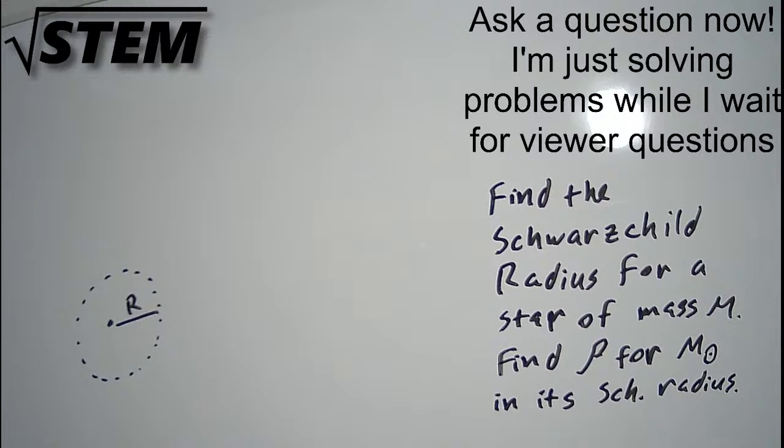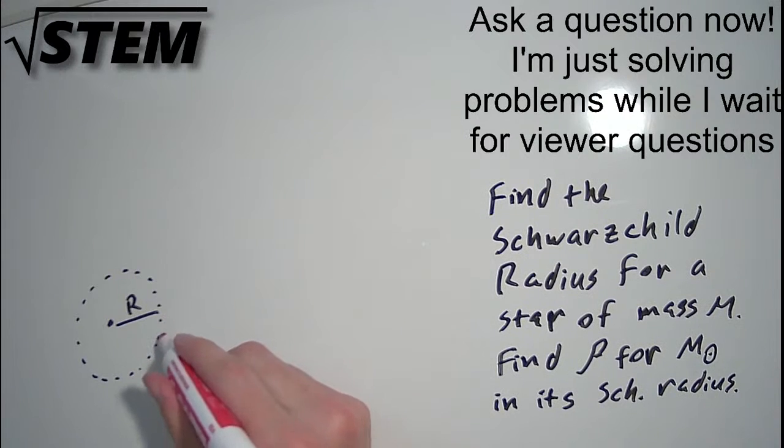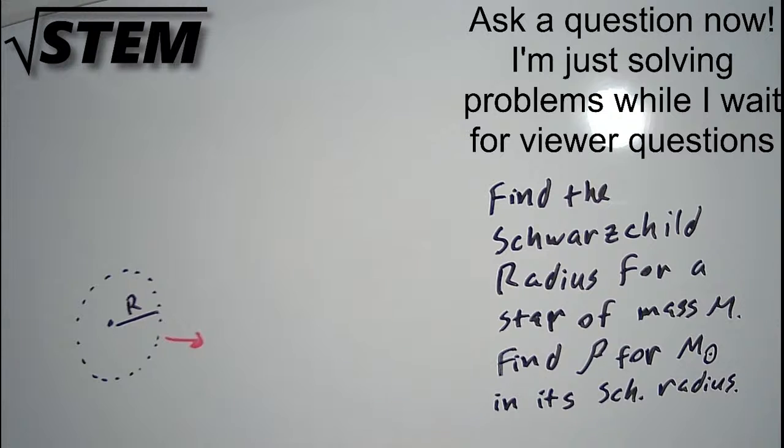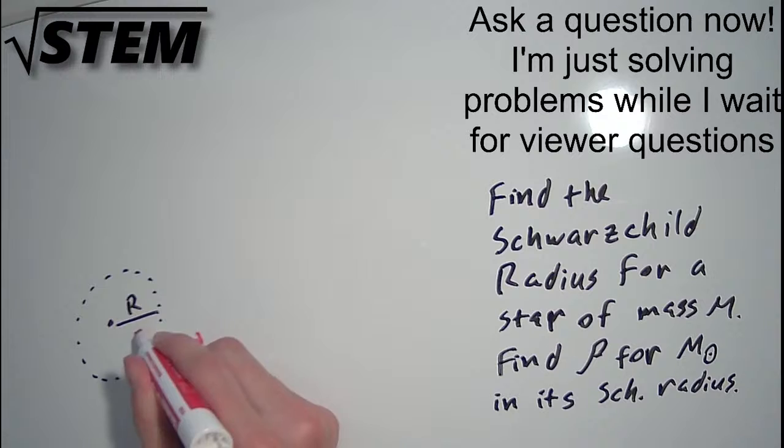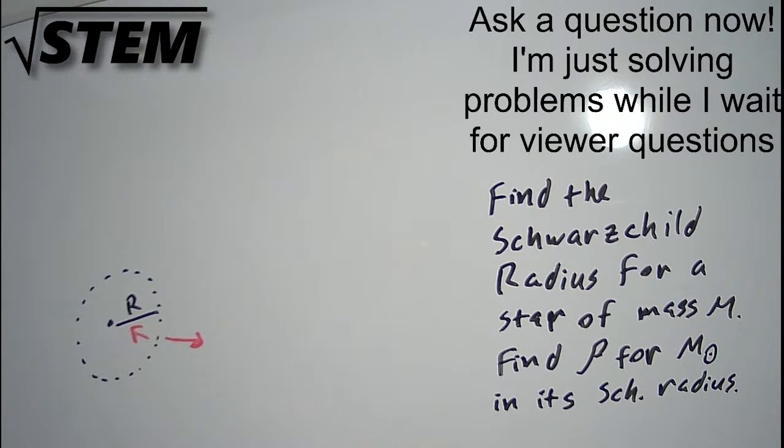r, and once you're inside there, even if you're going the speed of light away from the black hole, you cannot get away. So if you are here moving at the speed of light, you'll get away. If you're here moving at the speed of light, you're going to move inward no matter what.